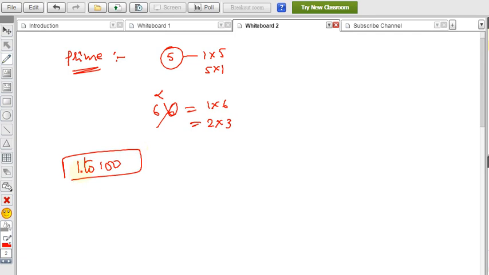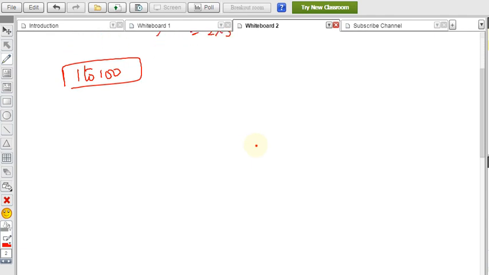From the exam point of view, most of the questions will ask about prime numbers. So I'll write the list here: the number of primes from 1 to 100.